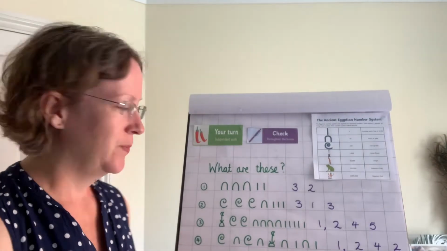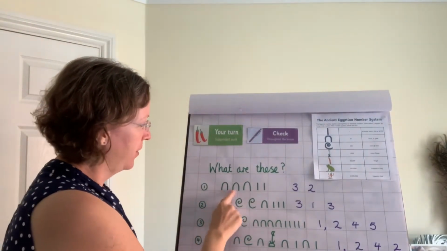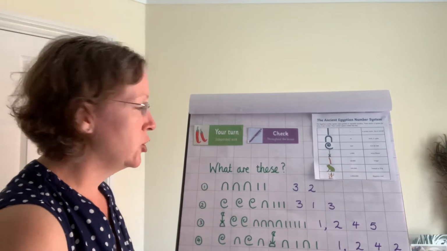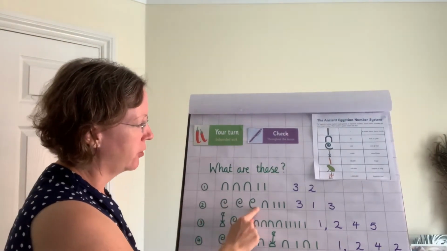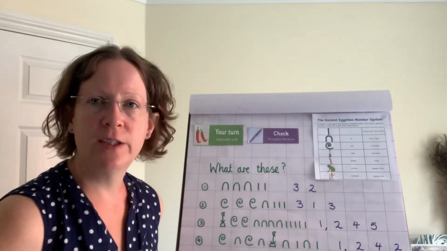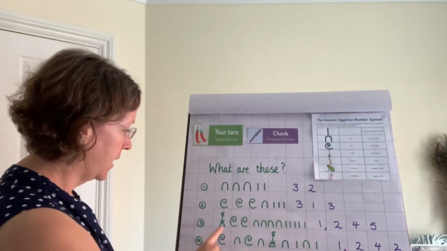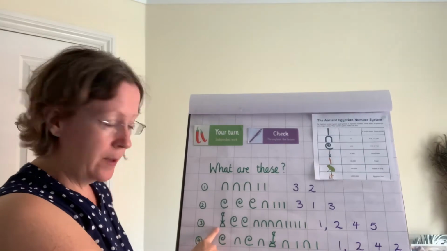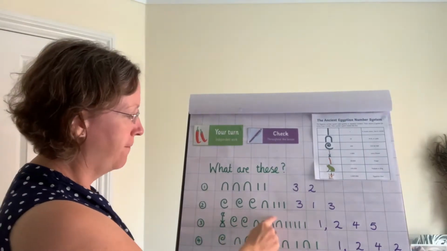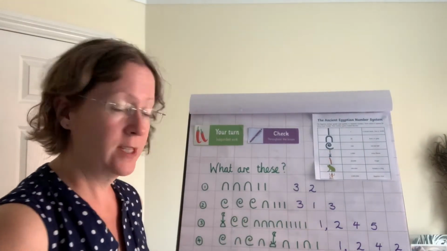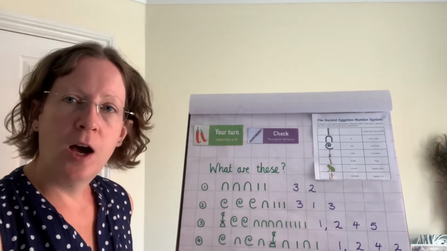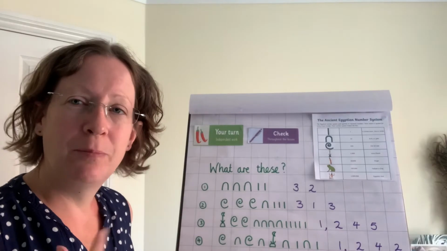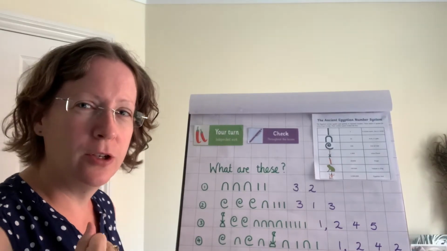How did you get on? Here we go. We have 3 arches and 2 lines. That's 32. The second one, we have 3 coils of rope, 1 arch and 3 lines, that's 313. For the third one, we've got a lotus flower, 2 coils of rope, 4 arches and 5 ones, so that's 1,245. And for the last one, I went for that rule where it said it can be done in any order to see if you could do that as well.